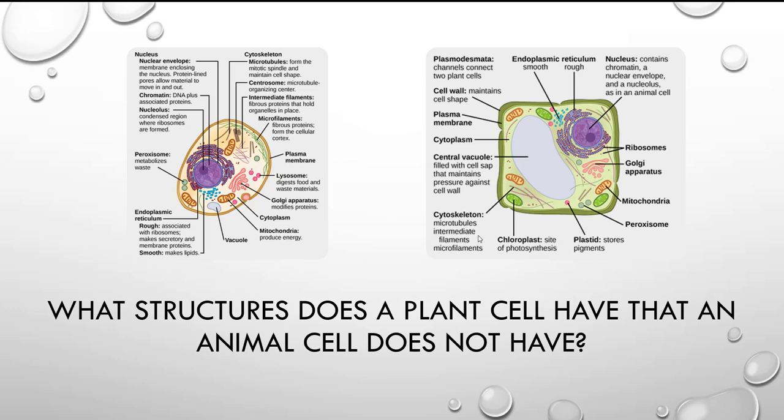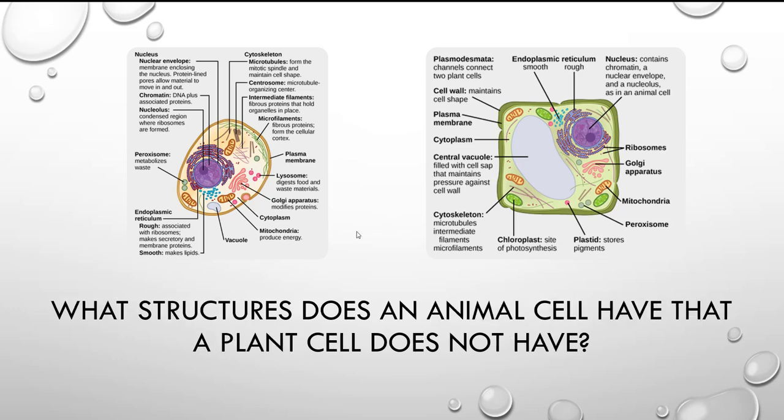You also might notice that plants have little plastids, which we don't have. So plastids are something that's unique for plants because they store pigments. And I think that's about it. So plants have several characteristics, or extra structures, that animal cells do not.